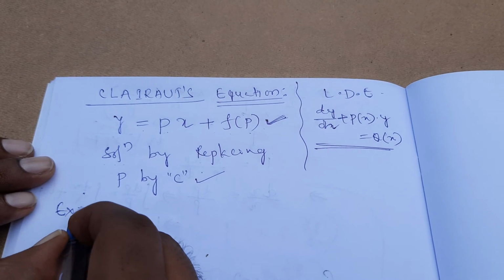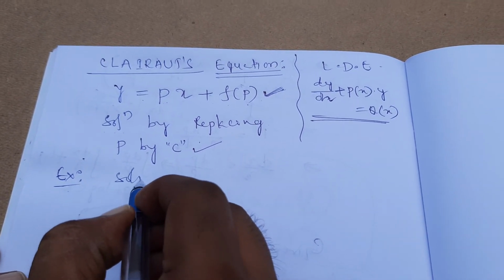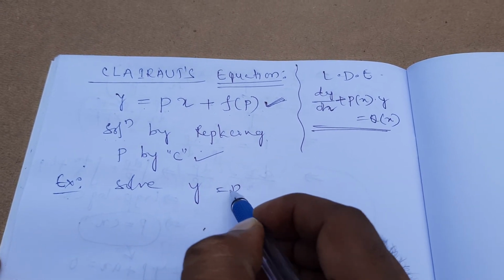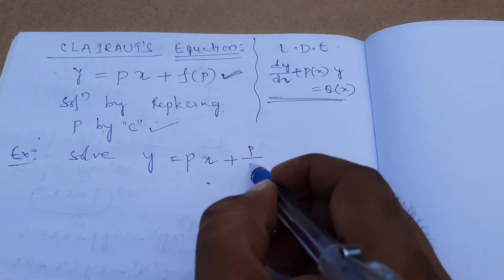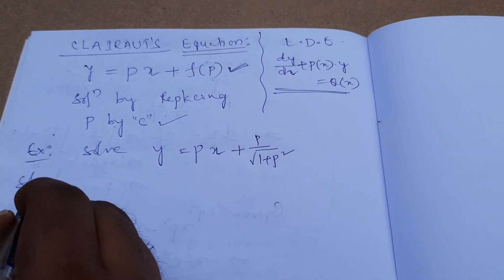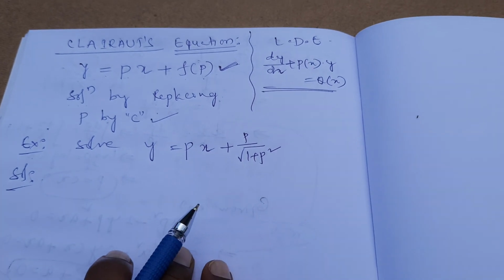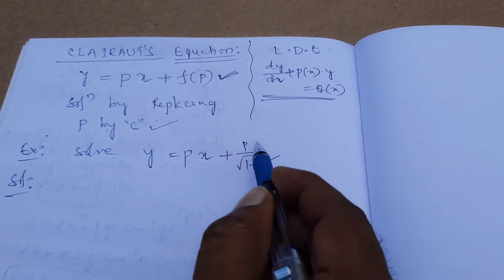One example I will give. Here they have given: solve y is equal to px plus p by root of 1 plus p square. If they give like this, then how can you find the solution? Here if you observe, this is y is equal to px plus f of p.